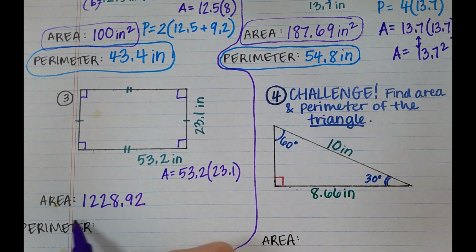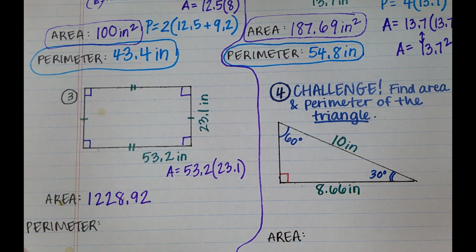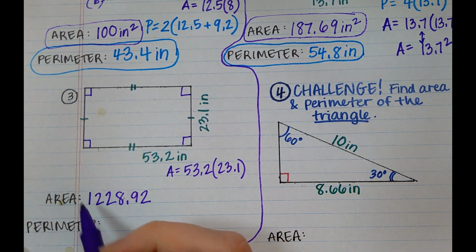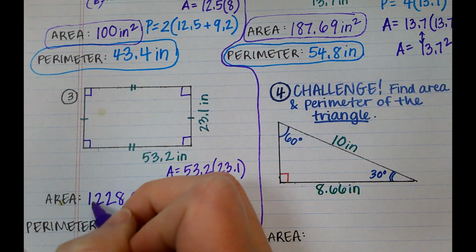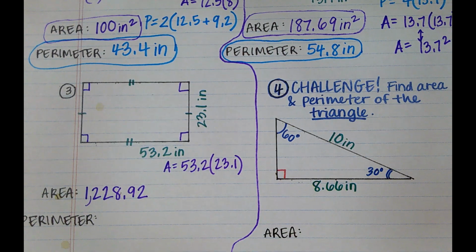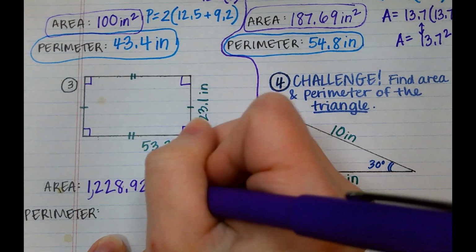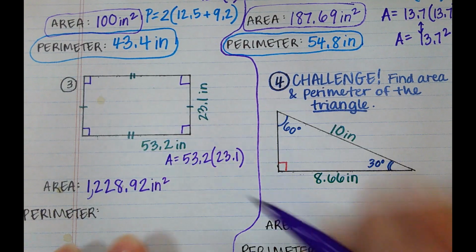You don't have to write the comma in unless you want to. Some people put a comma after the thousands place. Now, usually, inches squared. Good.